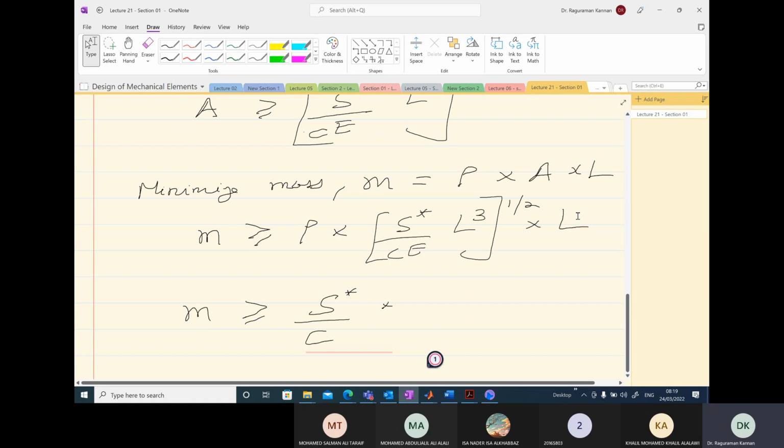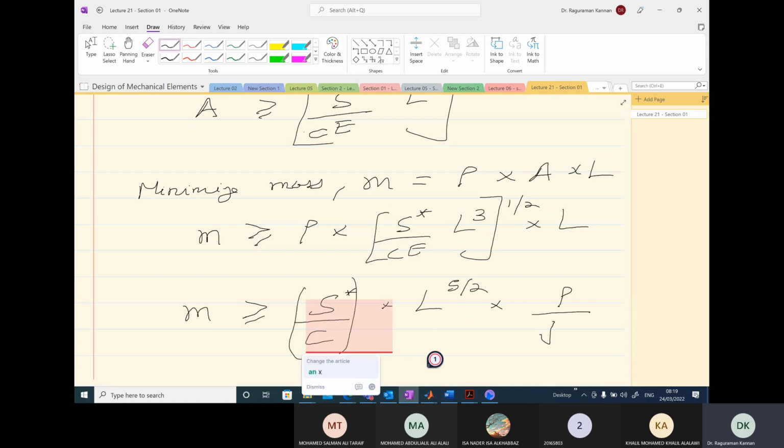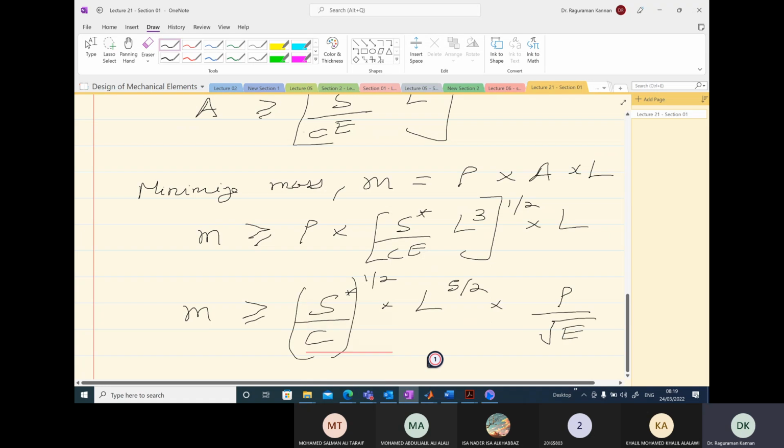So it will be L raised to the power 5 over 2. And group the material properties, rho over, so again S star over C, we have to write 1 over 2 here, not to forget that, and rho over square root of E.